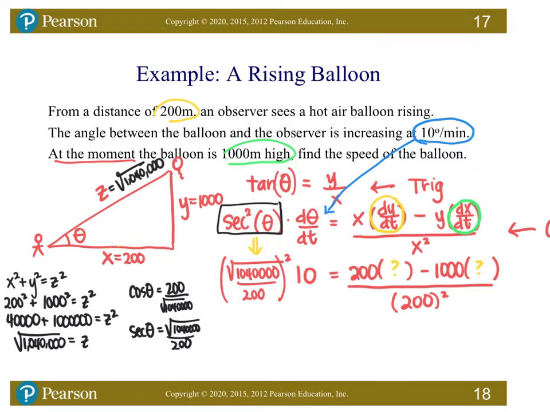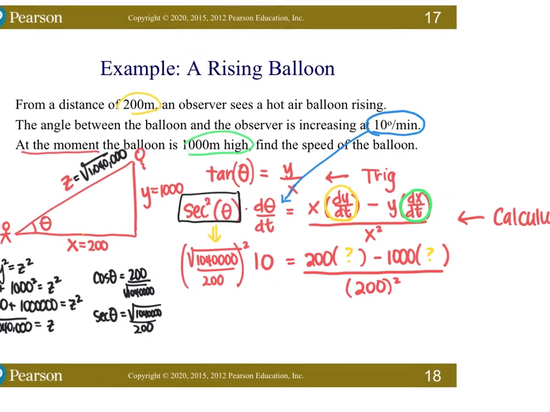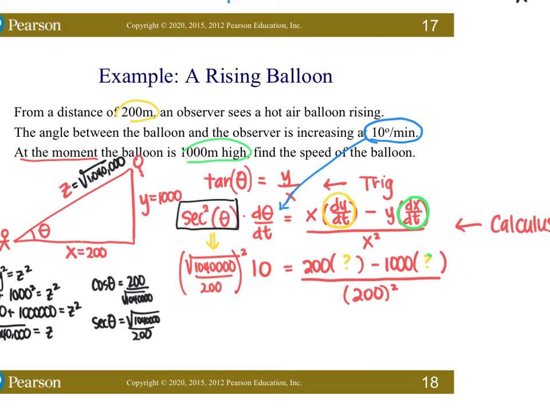The balloon is moving, but the person is not moving. And so since the person is not moving, we can put 0 here because they are motionless. So the only thing that didn't get plugged in was the dy dt, which is the motion of the balloon. Let's see, I'll do that in red.